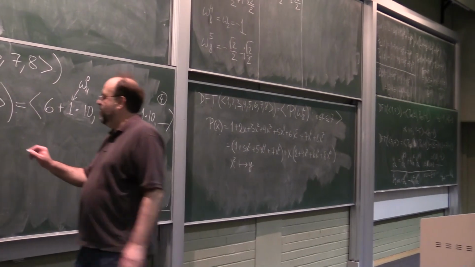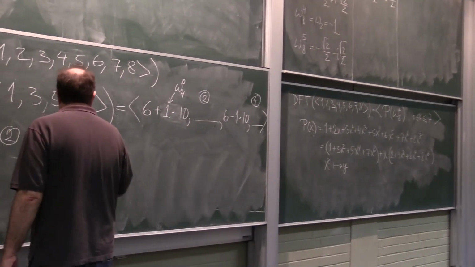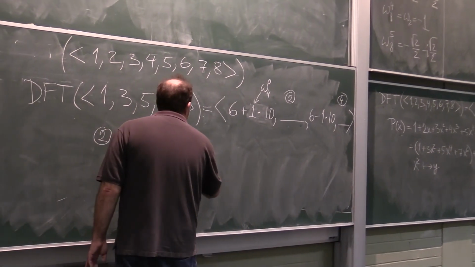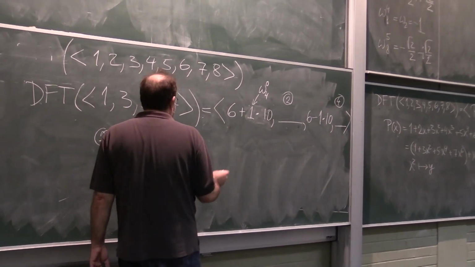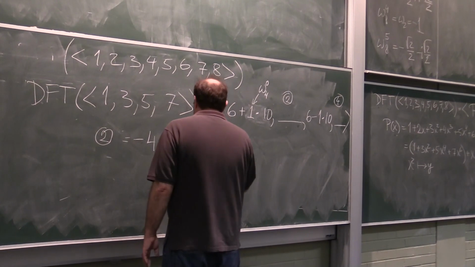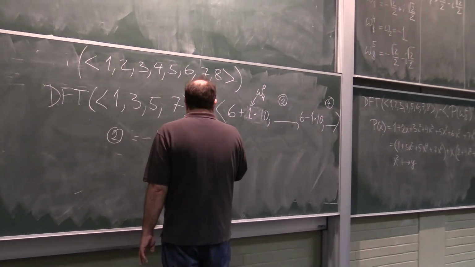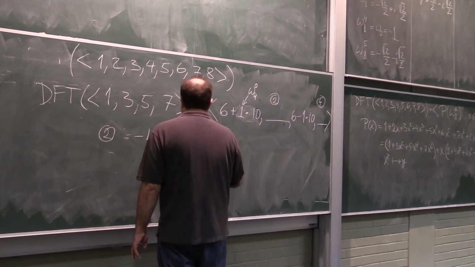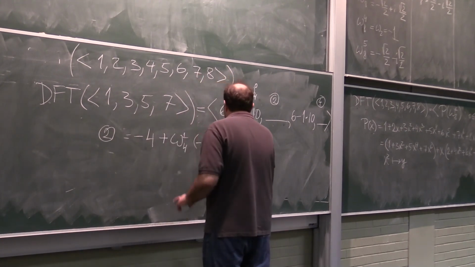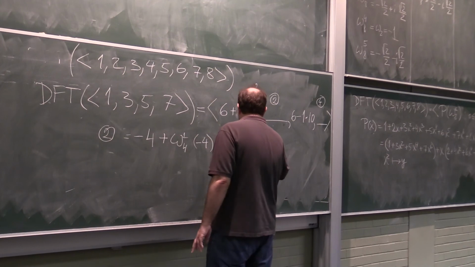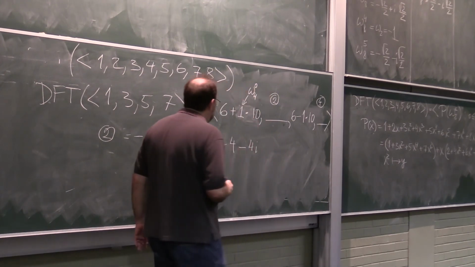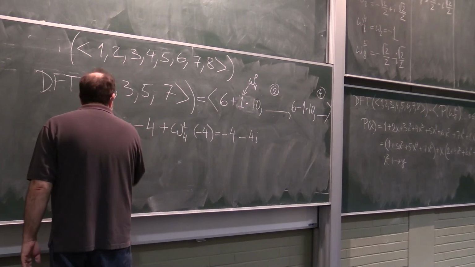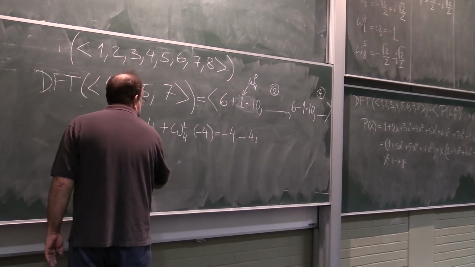So this is minus 4 plus omega 4 to the power 1, times the second coordinate here, which is minus 4, which comes to minus 4 minus 4i, right? And of course the 4 will be the same, but with the negative sign.